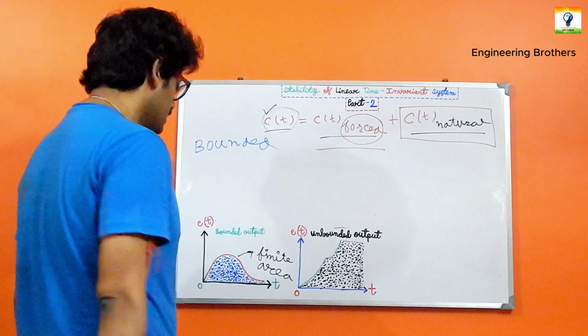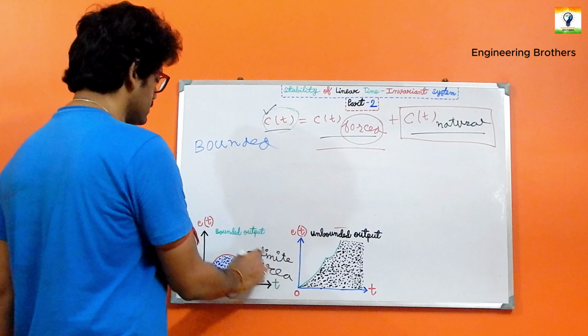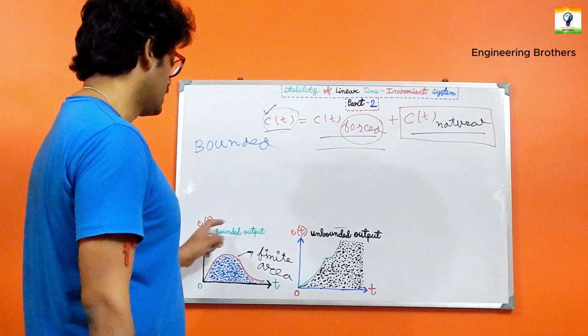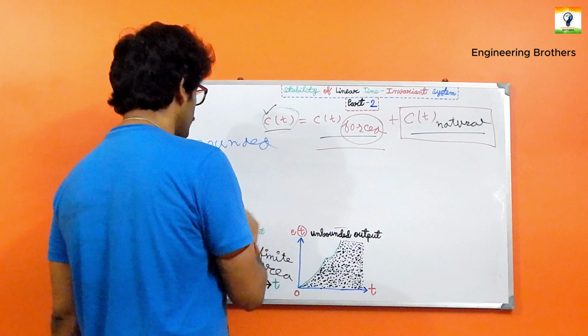We have an area value under this curve, and the area under this curve gives us a finite value in this case. That is why we can say that we have our bounded output.